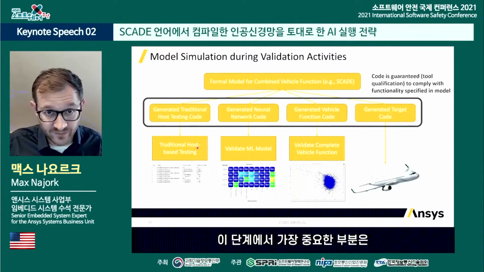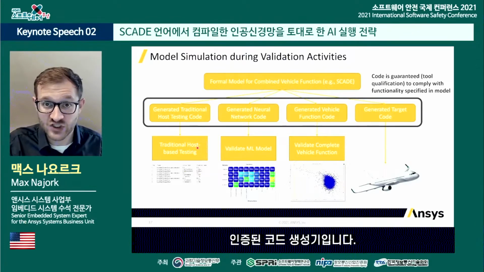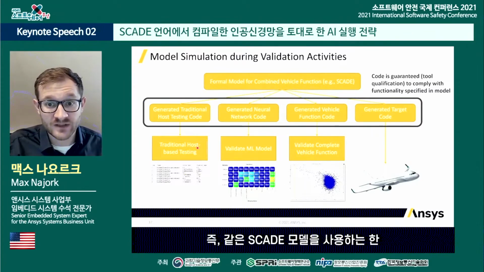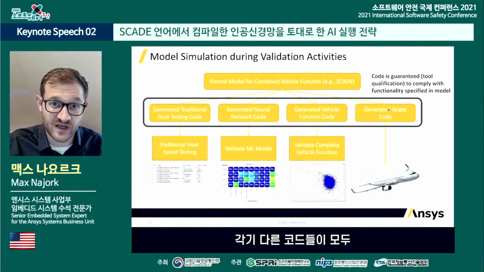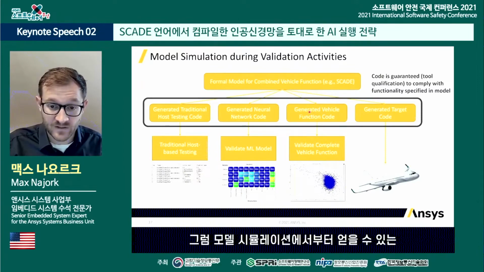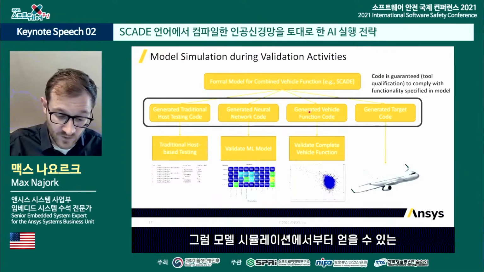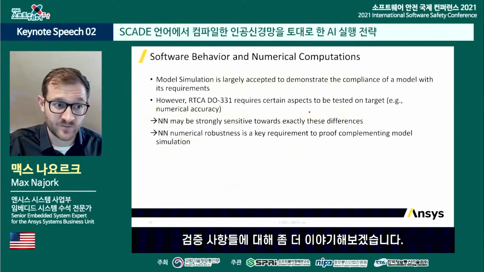What's extremely important about this step, we have talked about the qualification of the code generation, meaning as long as we use the same Scade model, the different sorts of code used for the different steps is guaranteed to behave identically.